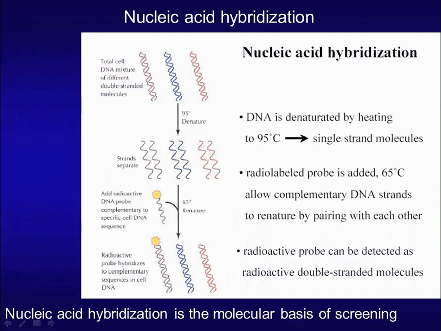After radiolabeled probe is added to the sample, temperature is dropped to 65 degrees Celsius. This will allow the annealing of the probe to the target DNA. Radiolabeled probe hybridized with target DNA can be detected using an X-ray film.